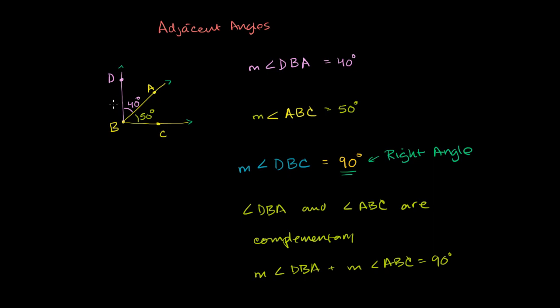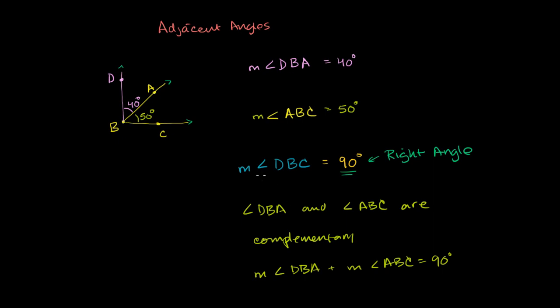And just as another point of terminology that's kind of related to right angles, when a right angle is formed, the two rays that form the right angle, or the two lines, or the two line segments that form that right angle are called perpendicular.